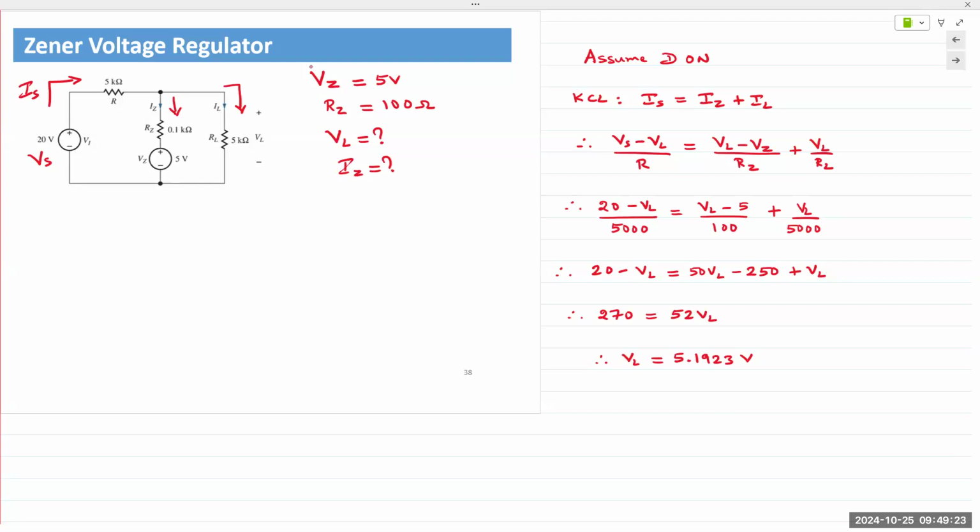Okay. All right. So the Zener resistance, of course, is part of the diode. It's the diode resistance. We cannot physically separate out the diode resistance from the diode voltage. It's physically the same component.